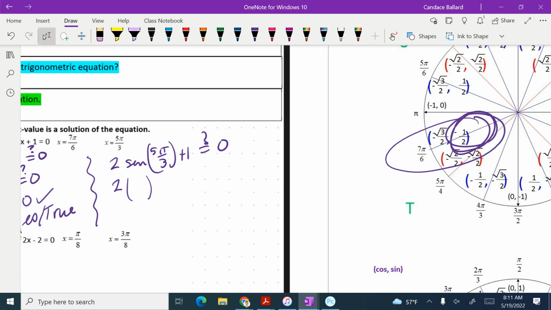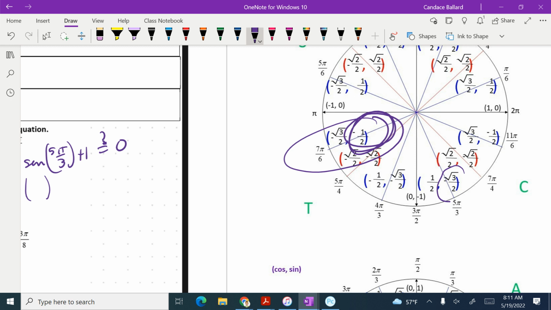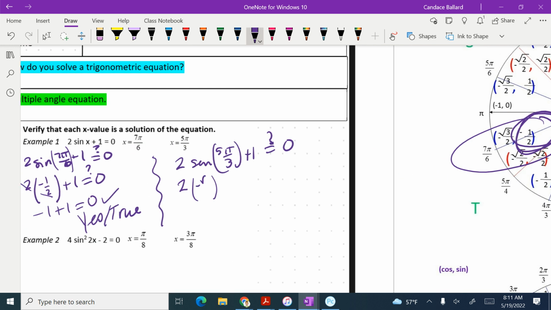I'm going to go to 5 pi over 3. So it looks like I am putting in negative square root of 3 over 2. I'm checking, does that equal 0? All right, what happens with the 2's? They cancel. So negative square root of 3 plus 1, does it equal 0? No. So this one would be false or no.